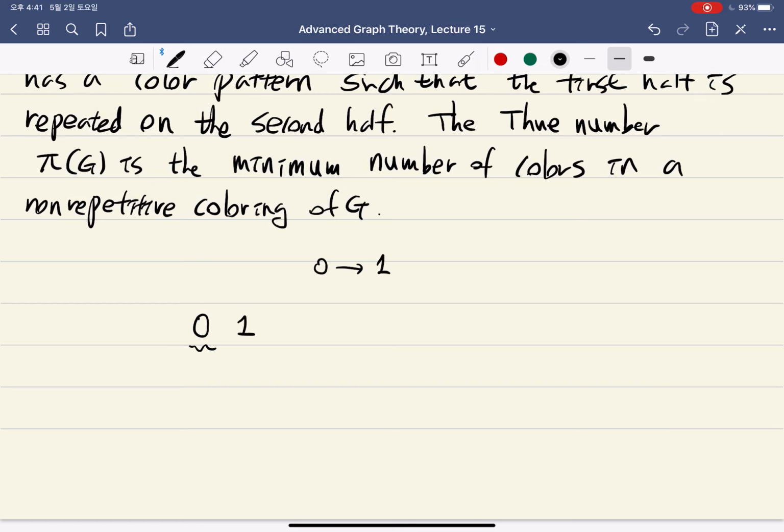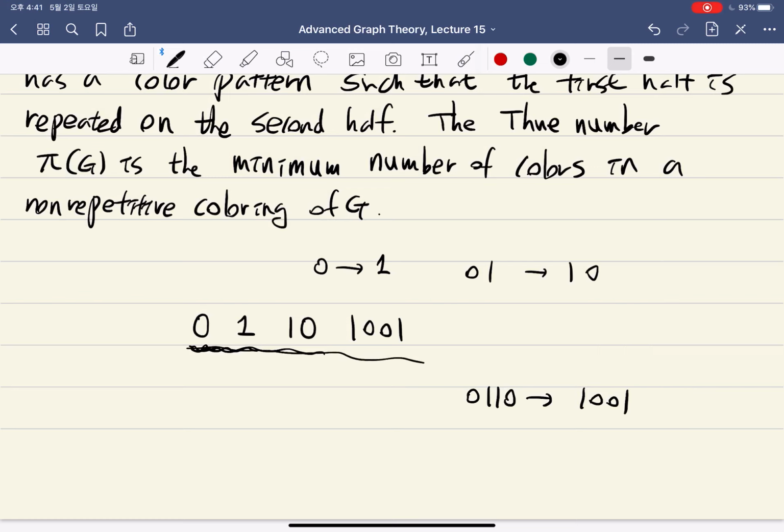And then now you have this sequence 0, 1. And then you flip all 0 to 1 and 1 to 0, then 0, 1 becomes 1, 0. So you write 1, 0. And you have 0, 1, 1, 0. So 0, 1, 1, 0 becomes 1, 0, 0, 1. So you write 1, 0, 0, 1 here. And then you have this.